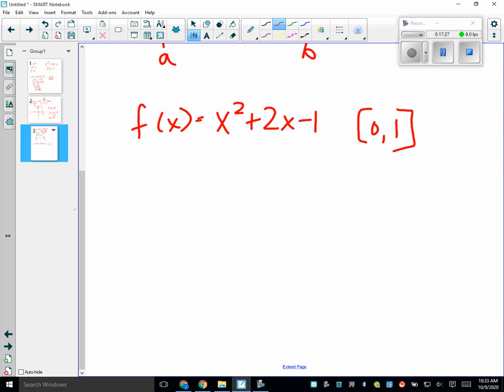So first thing I want to know is this, which is the slope between 0 and 1. That's what I want to find first.